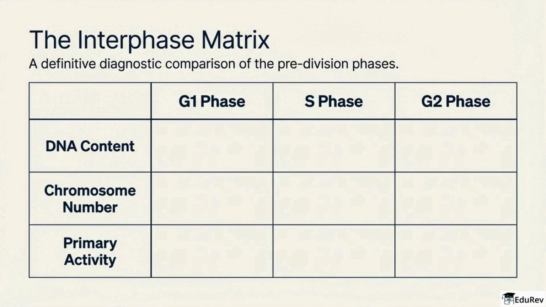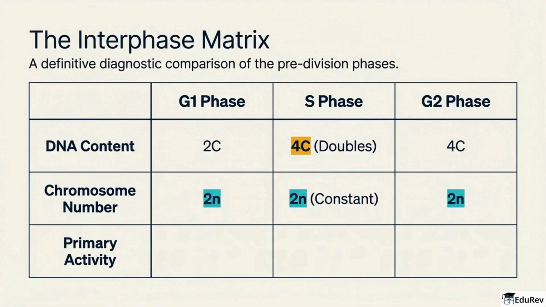The interphase matrix ties G1, S, and G2 together in one diagnostic chart. DNA content is 2C in G1, becomes 4C in S, and remains 4C in G2. Chromosome number stays 2N throughout interphase.